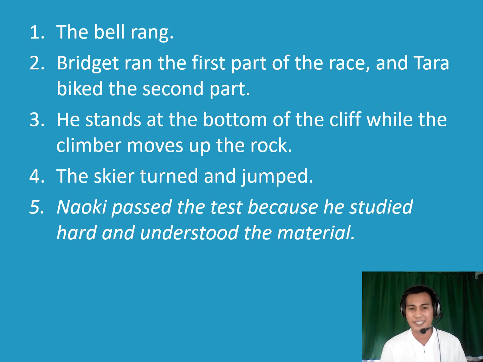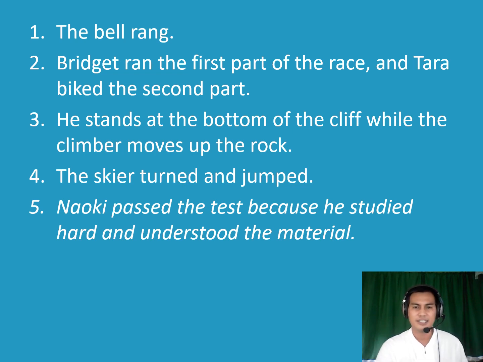5, Naoki passed the test because he studied hard and understood the material. You have here, first part, this is composed of 3 parts. We have Naoki passed the test. That's an independent clause. Because he studied hard, so this is now the dependent clause, and understood the material.